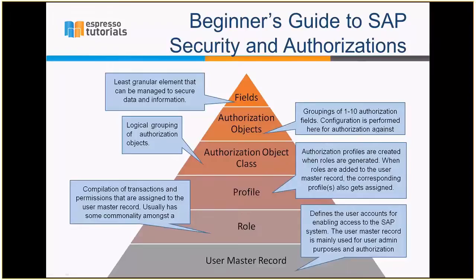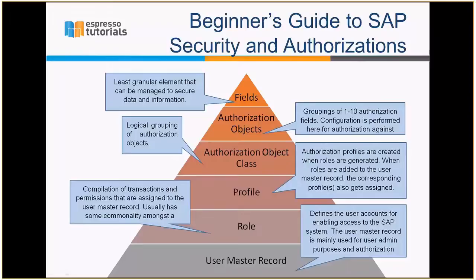The other thing that's stored in the user master record are the roles and profiles. I'm going to get into that in a second, but they go hand in hand with each other. People use them interchangeably a lot, but it identifies the roles and the profiles that users are assigned to. And what's contained in those roles and profiles are the authorizations that the users are allowed to perform within the system.